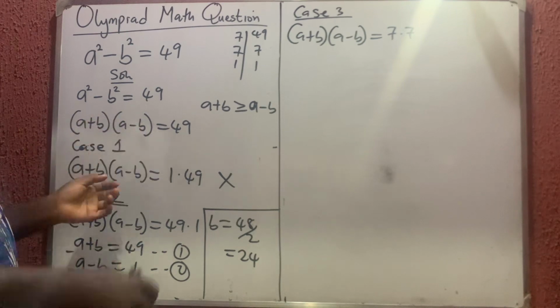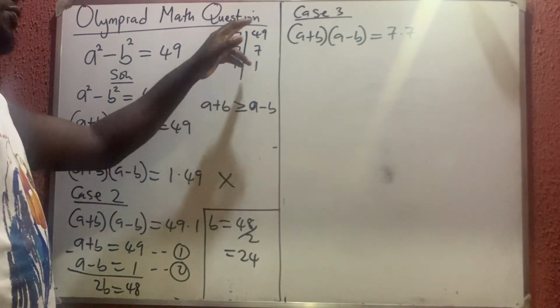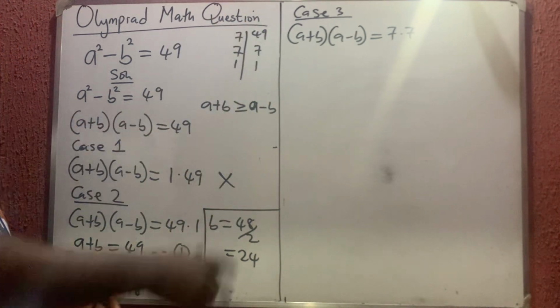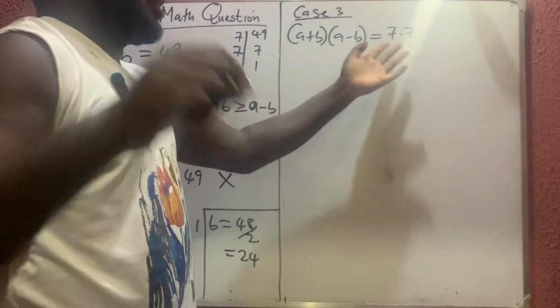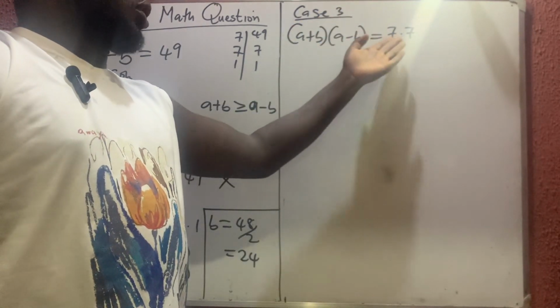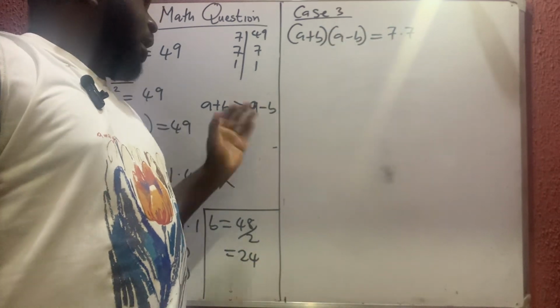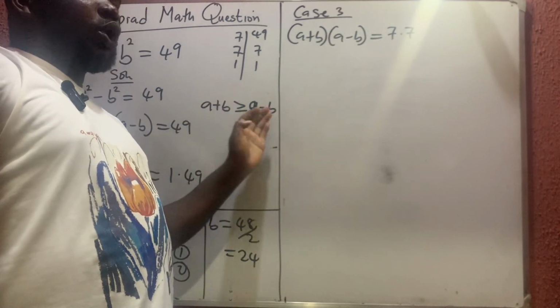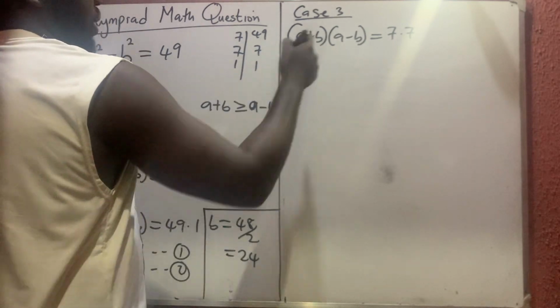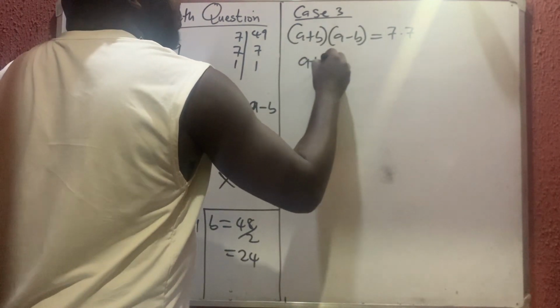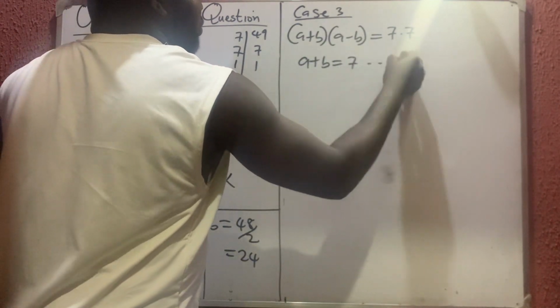So let us check this. Does this case work? Is 7 equal to 7? Yes. And this could be greater than or equal to this. So we can now say that A plus B is equal to 7, equation 3.